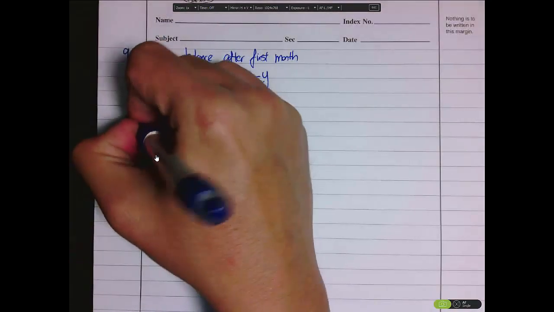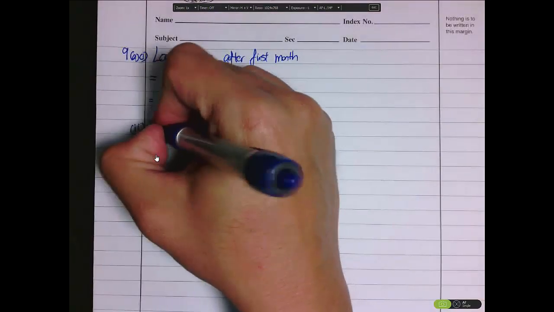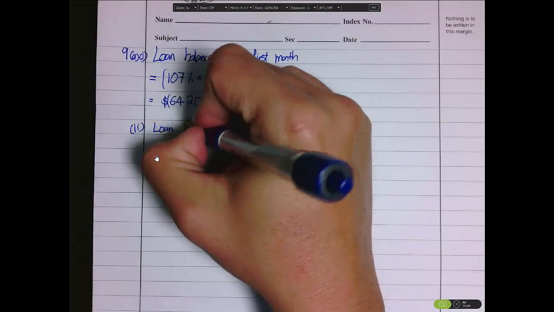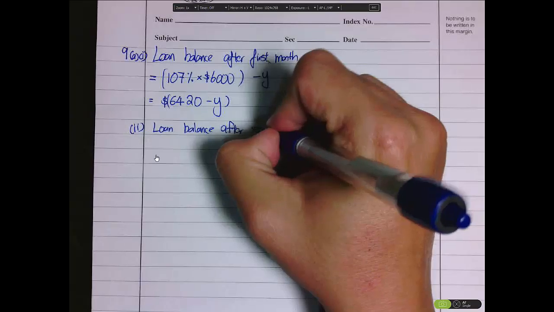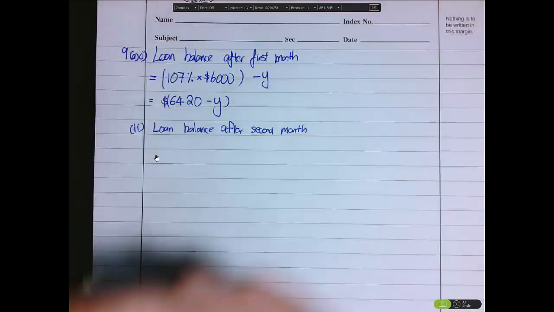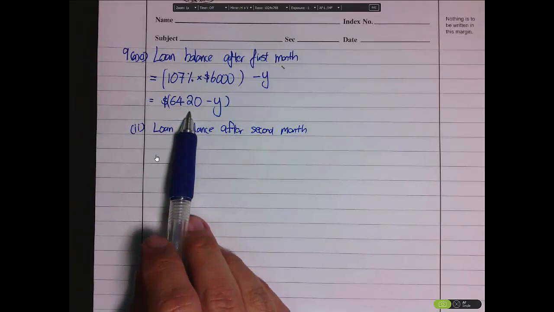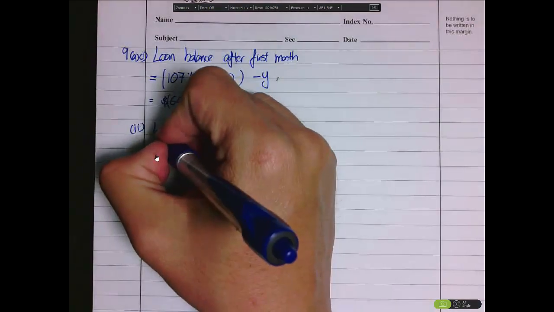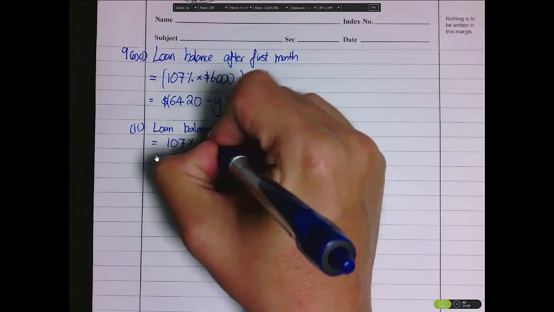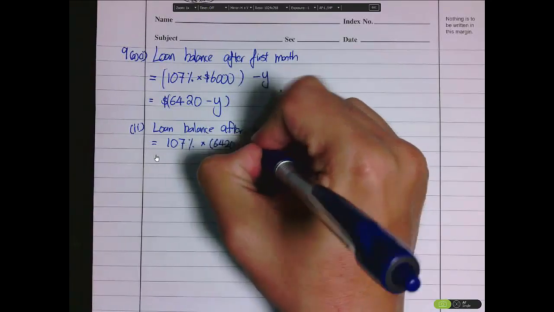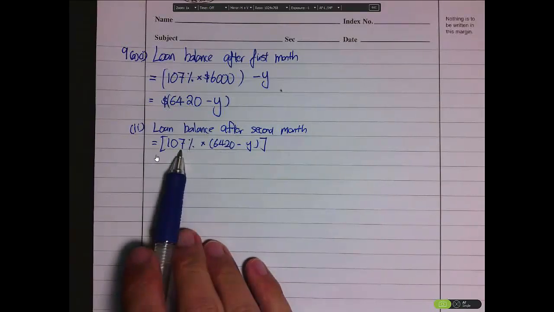Now I go on to the second payment. So the loan balance after the second payment is slightly more tricky here. Notice that my new principal sum is compounded. My new principal sum is this 6420 minus Y. So I get 107% of this 6420 minus Y. That is 100% of this plus 7% of this.